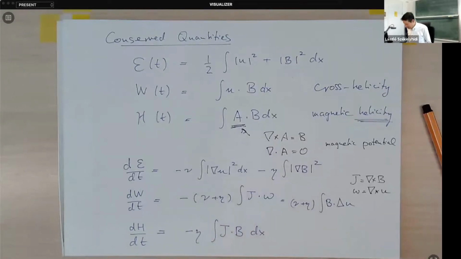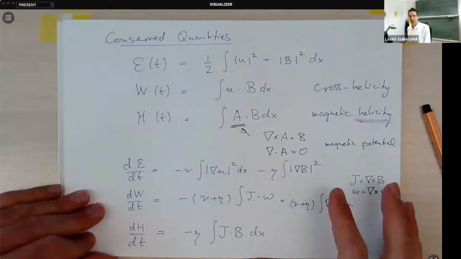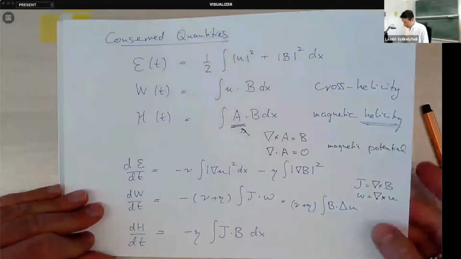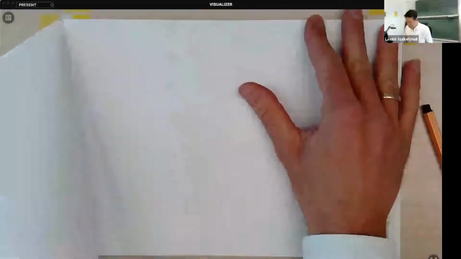If you treat U and B as equal partners, they play the same role as the kinetic energy in the case of the Navier-Stokes equations or Euler equations, but the magnetic helicity is a different type of animal. So let me say a few words about what is H. Since this is a more general talk, I hope I'm not boring at least some people. So I will just say a few words about H.